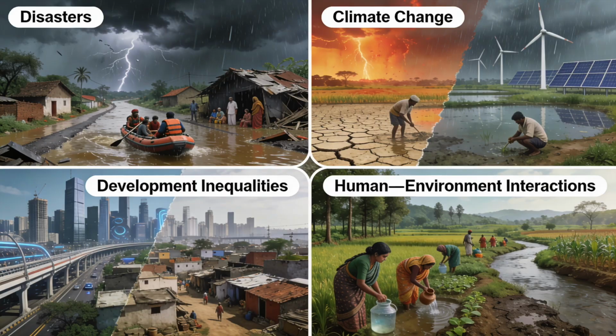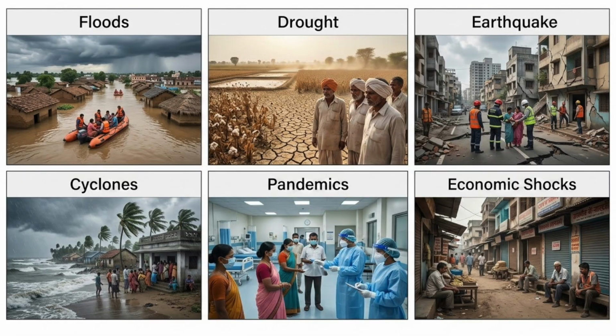This paradigm helps us figure out why certain countries or groups are more likely to be in danger than others. The notion of vulnerability is one of the key ideas in the study of disaster, climate change, development inequalities, and human-environment interactions. It describes how some individuals, locations or structures are more affected by hazards like flood, drought, earthquake, cyclone, pandemics, or economic shocks in comparison to the rest.